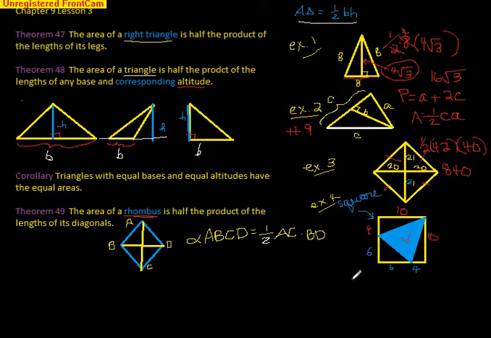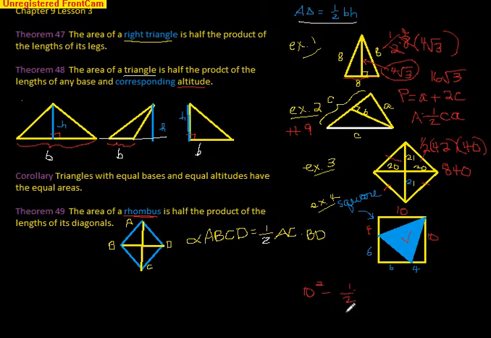What we have to do is, we don't have an altitude for this, so we can't find the area of this triangle. We don't even know the side, so we could use the Pythagorean theorem. But we know this is a square, so we do the area of the square, 10 squared, minus all the little triangles.